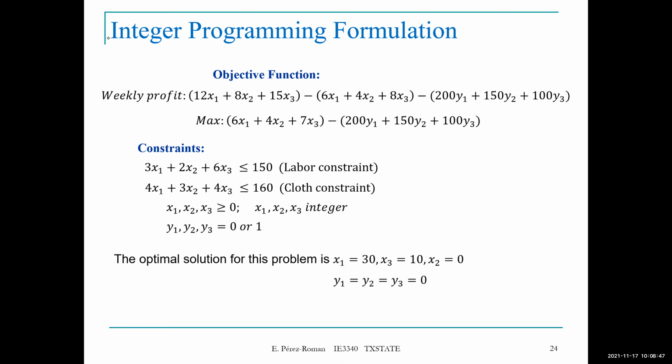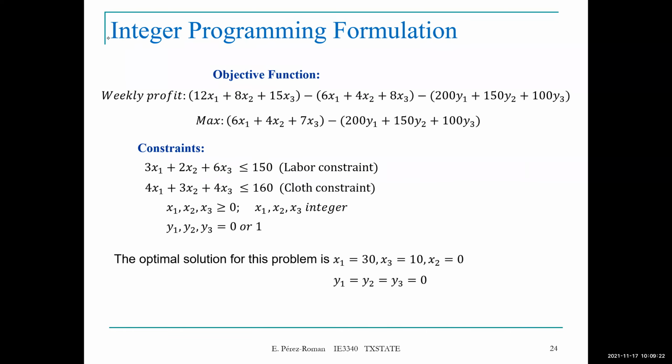Because we don't have the linking constraints, it will be 0. This solution is correct given this formulation. Okay, the solution is correct given the formulation, but the solution in terms of practical application is not right. Because we are not linking decision variables x and y in this formulation.